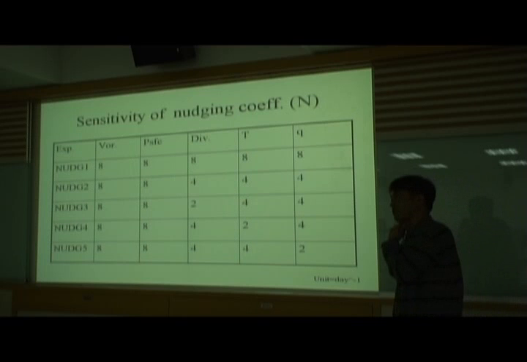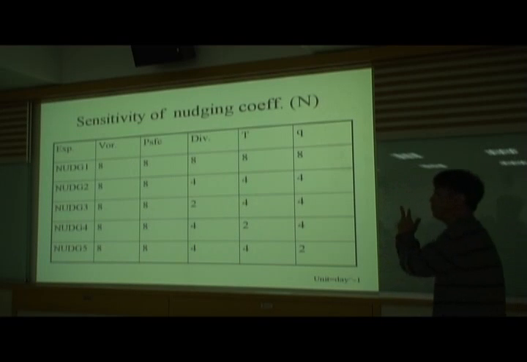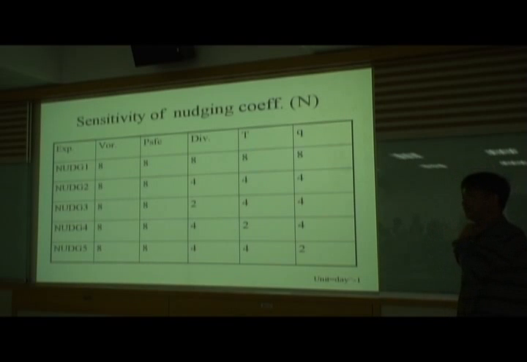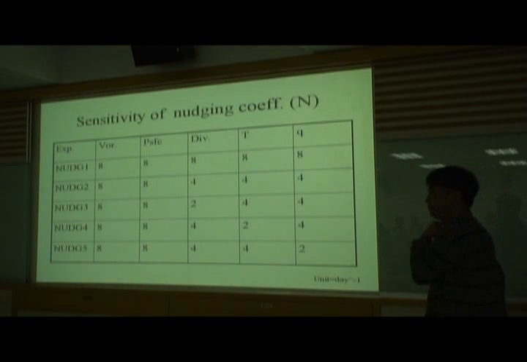Do you have a more detailed response on this? Why is a weaker nudging coefficient for the divergence better than a stronger nudging coefficient?